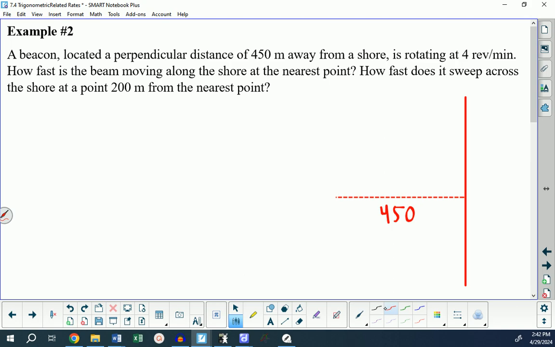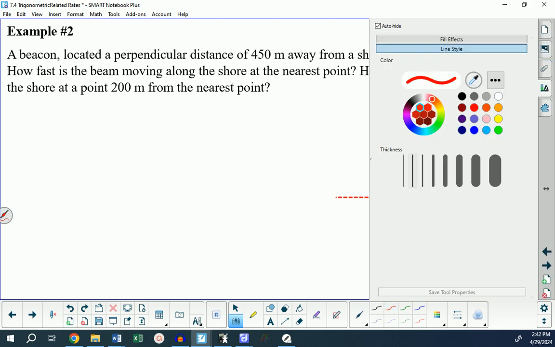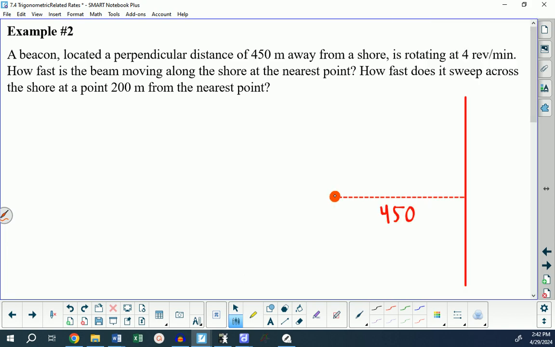And what the beacon is, basically, is a light source. But it's a beam of light. Maybe the rotating beam of light on the top of a lighthouse, where you've seen in movies probably, or maybe in person if you're lucky, that beam of light sweeps around.